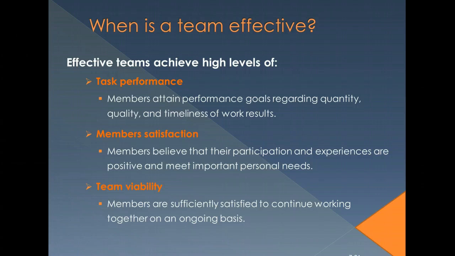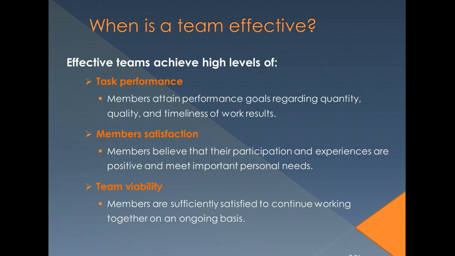Now, the viability of a team. The members of an effective team are sufficiently satisfied and continue working well together on an ongoing basis; when one task is finished, they look forward to working again in the future.